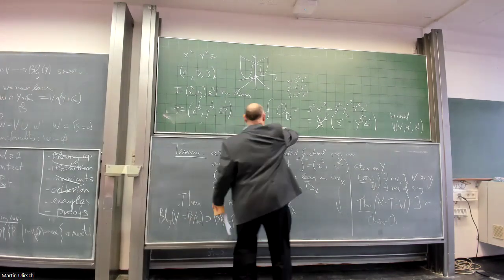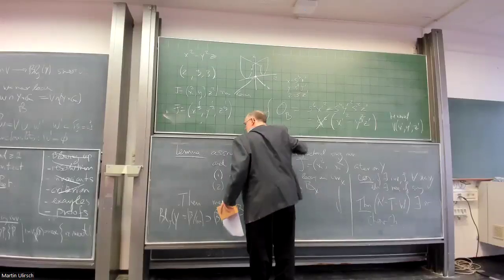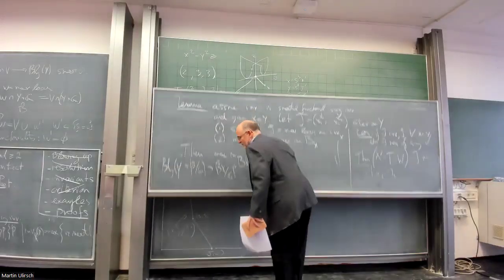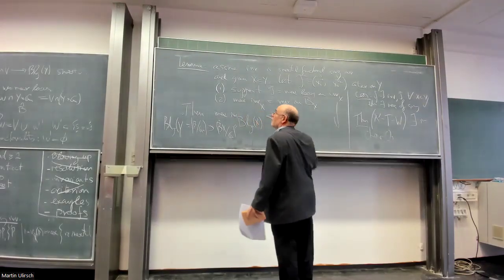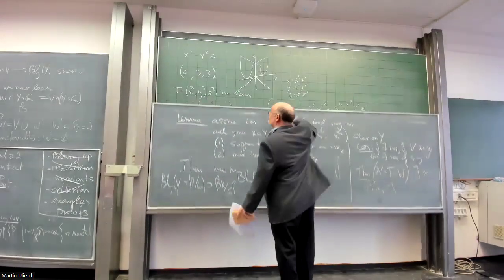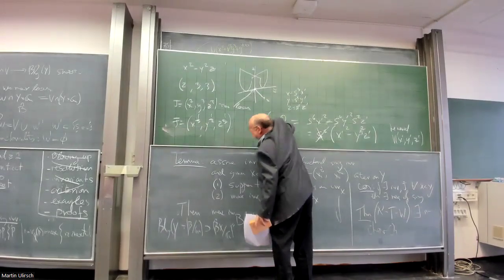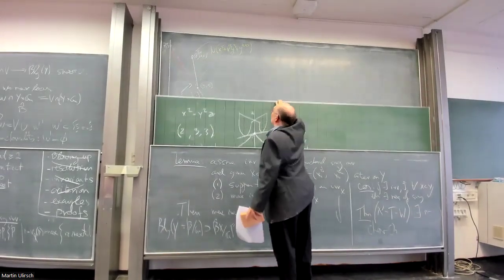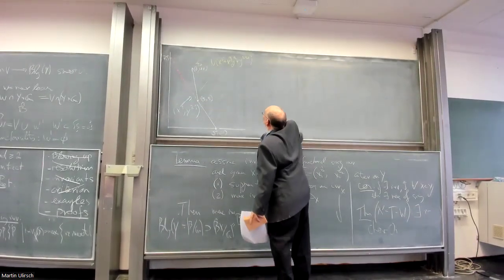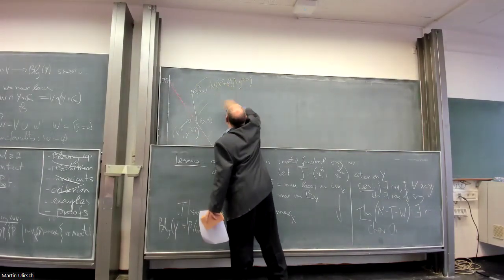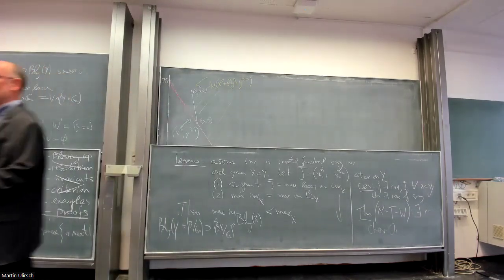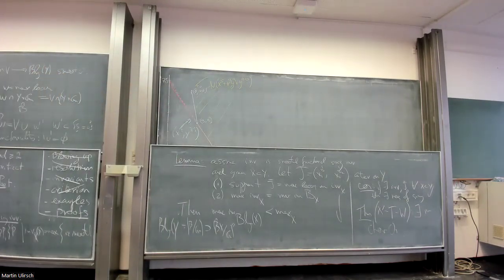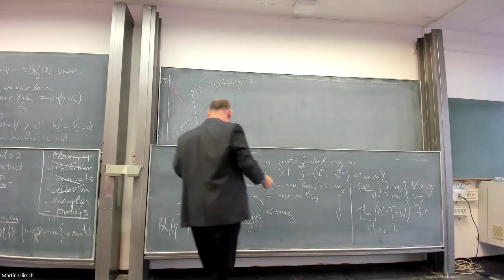Let's do the second example. And for the second example, I need to do some maneuvering. Okay, so the second example is that equation, x to the 5 plus x cubed y cubed plus y to the 100. 100 is just a large integer, bigger than or equal to 8.